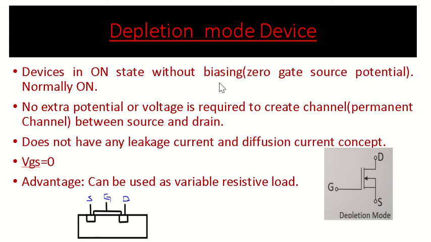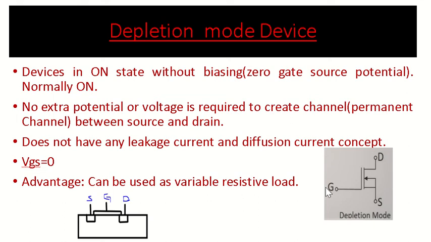You need not apply any voltage to make it on, so you need not apply any gate voltage to the device because it is not required; it is normally in the on state.